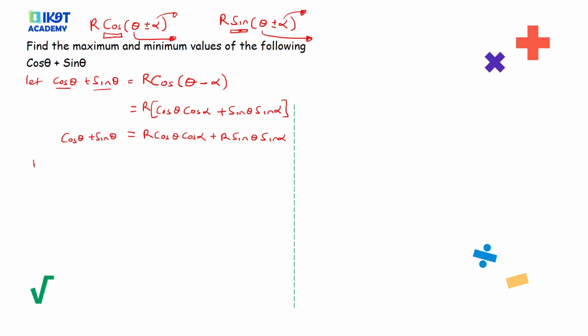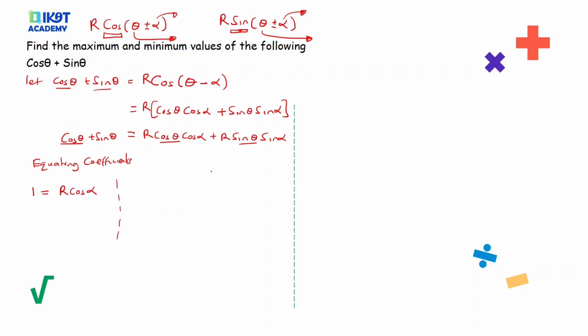The next part we go to is called equating the coefficients. Here you see cos theta, this is cos theta, this is sine theta. Now we equate the coefficients. The coefficient of cos theta on this side is 1, and on the other side it is r cos alpha.